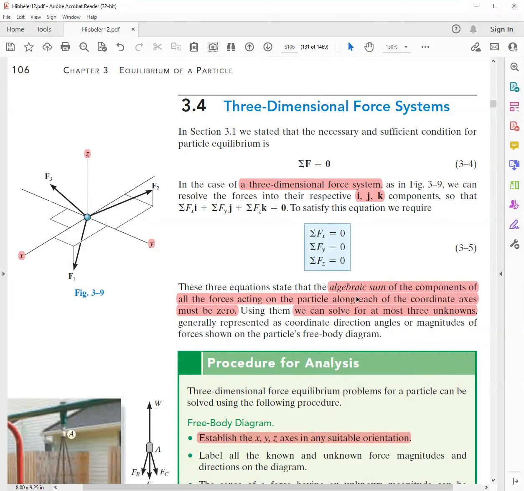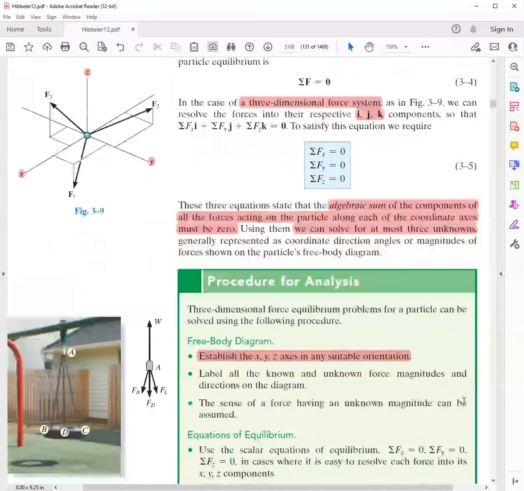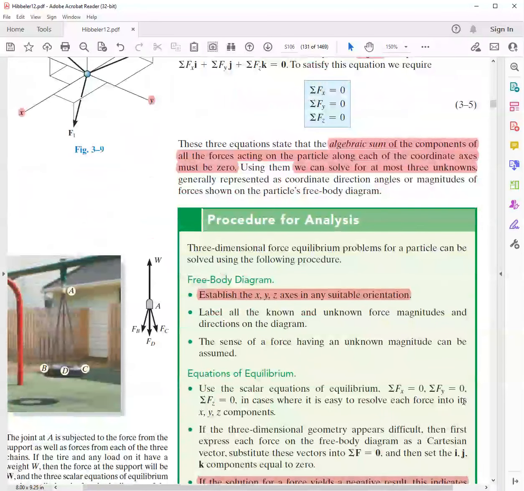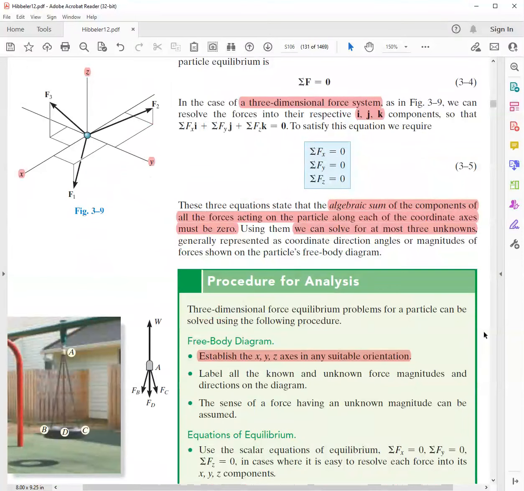In the 3-dimensional case, having three independent scalar equations, we can solve for at most 3 unknowns. Again, could be magnitudes of forces or could be some geometric parameters, some angles or distances, and so forth. Okay, so it starts with choosing a proper reference frame, usually with the z-axis as the vertical axis.